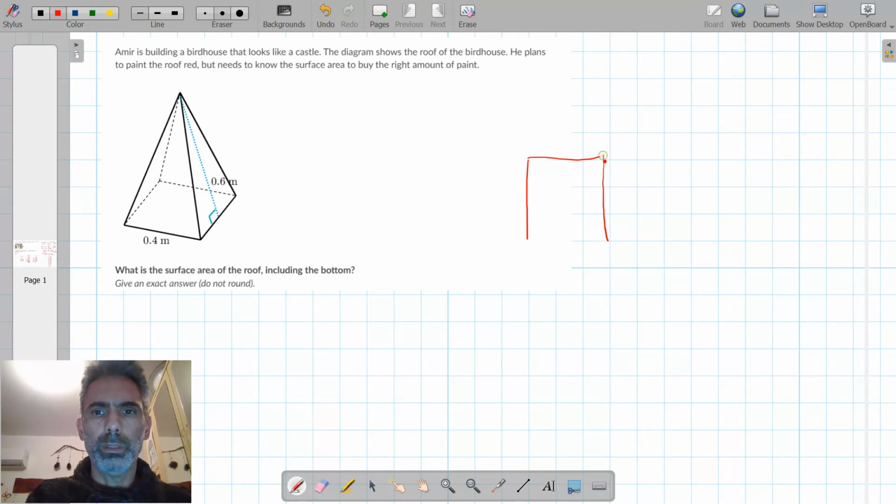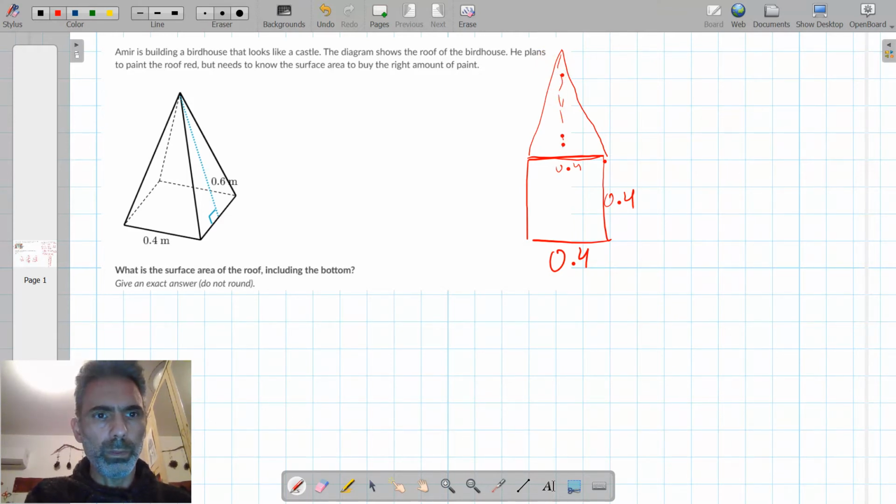The base is square. It has an area of 0.4 times 0.4. And we have 4 triangles where each triangle has a base of 0.4 and height of 0.6. And we have 4 of these triangles. Okay.